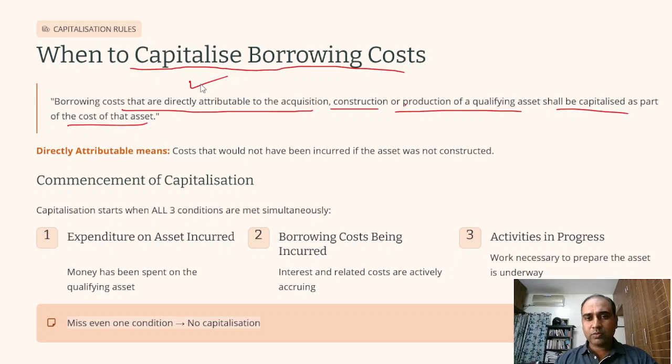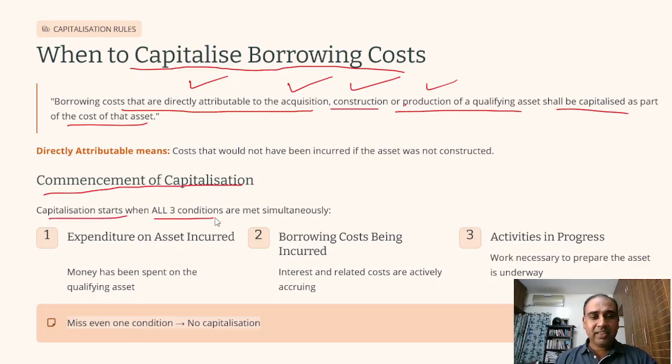So any cost which is incurred to construct the asset will be treated as directly attributable cost. With respect to acquisition, it can be a new asset purchase, a construction, or a production of a qualifying asset, and it shall be capitalized as part of the cost of the asset.